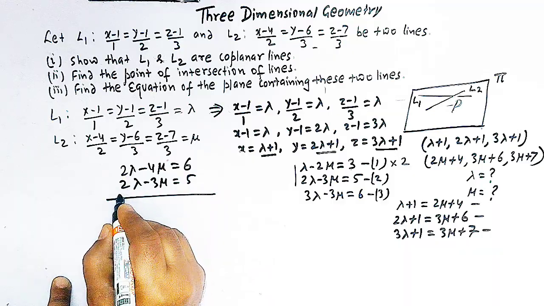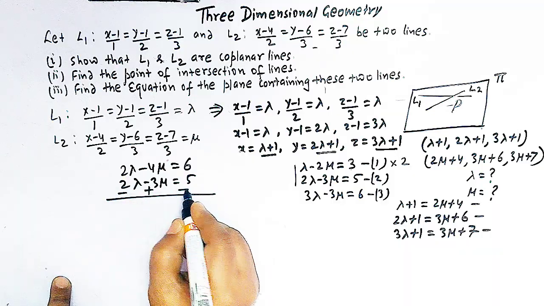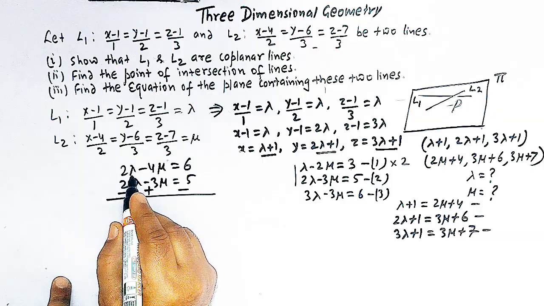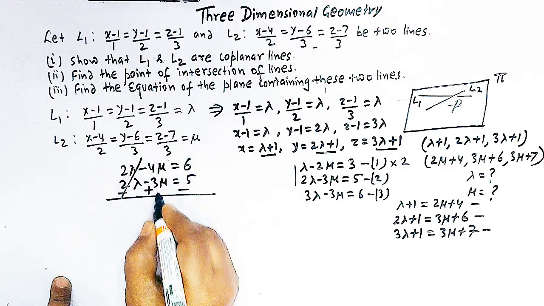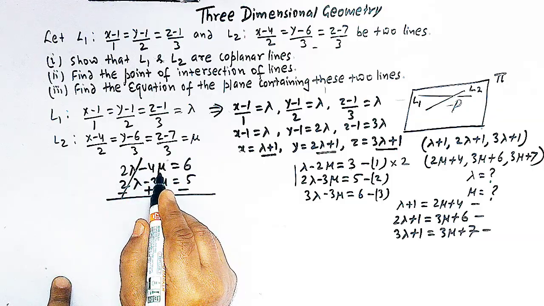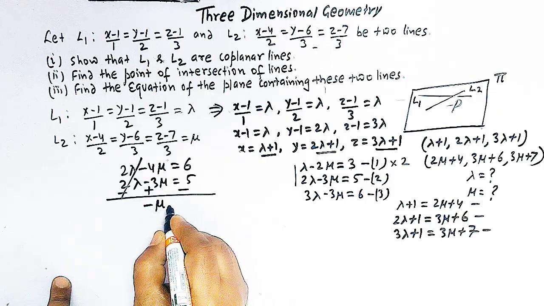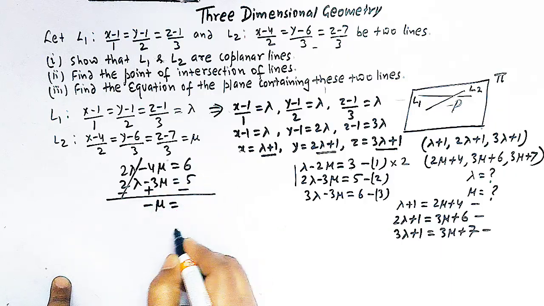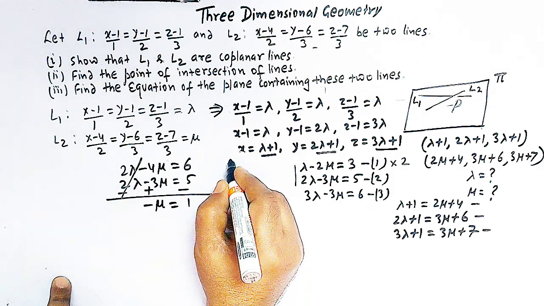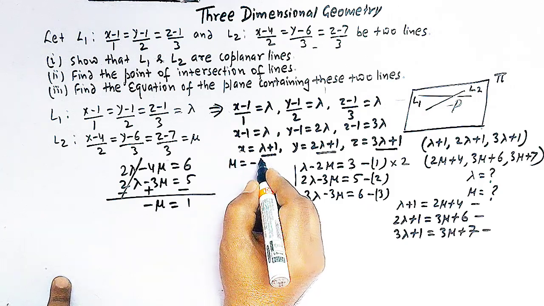Let us subtract these two linear equations in lambda and mu. So we have minus 4 mu plus 3 mu, which is simply minus mu, and 6 minus 5 is 1, so the value of mu is minus 1.